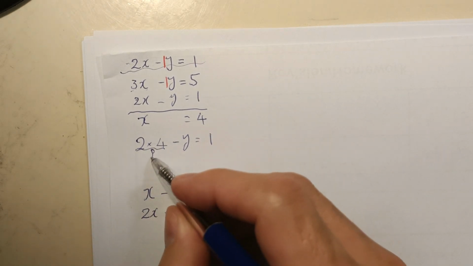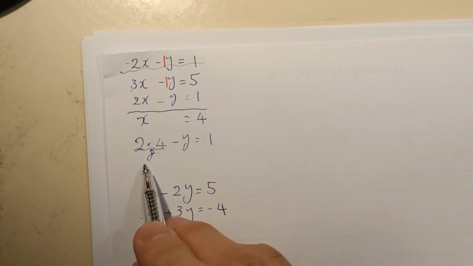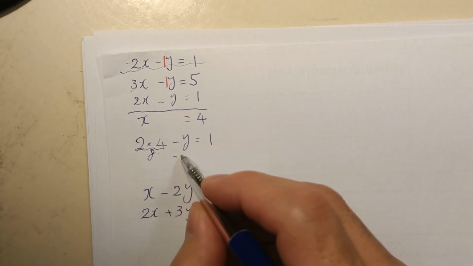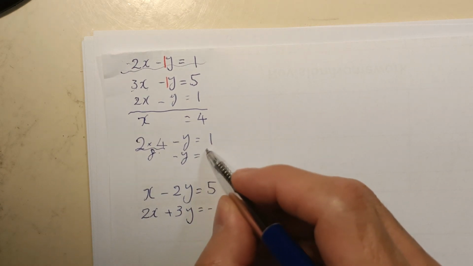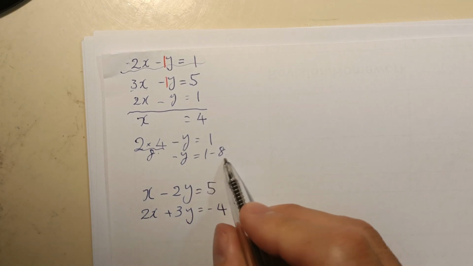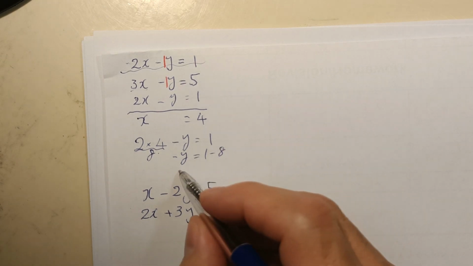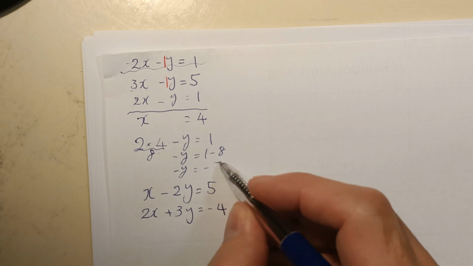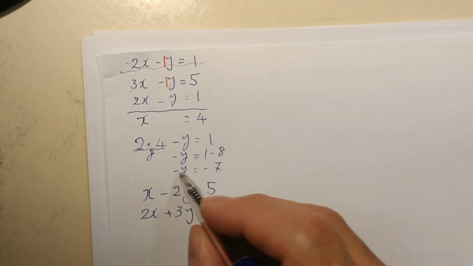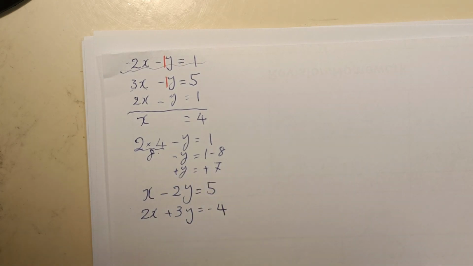This is 8, isn't it? So I take 8 away from both sides, which is negative 7 here. So negative y equal negative 7, which is y equal 7, isn't it?